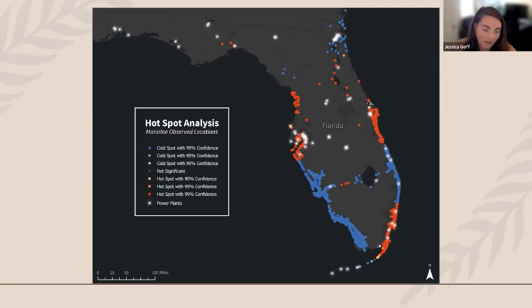Cold spots obviously have the opposite. Hot or cold spots with a 99% confidence indicate that there is less than a 1% chance that the clustering is random. In areas where there are power plants, we see high clustering, like Tampa Bay, Kennedy Space Center, and Miami.